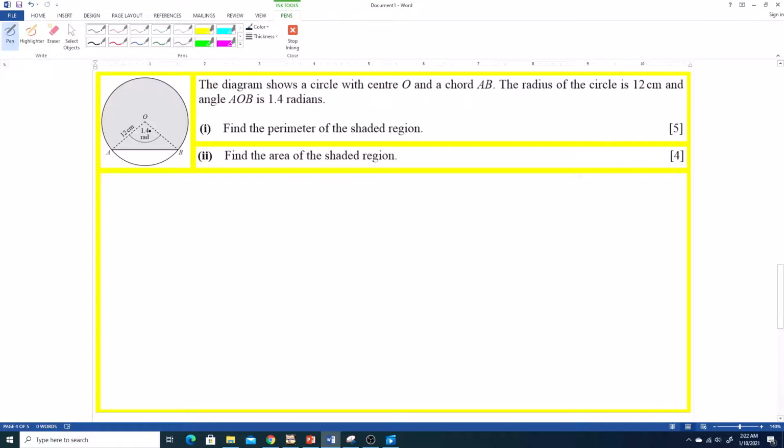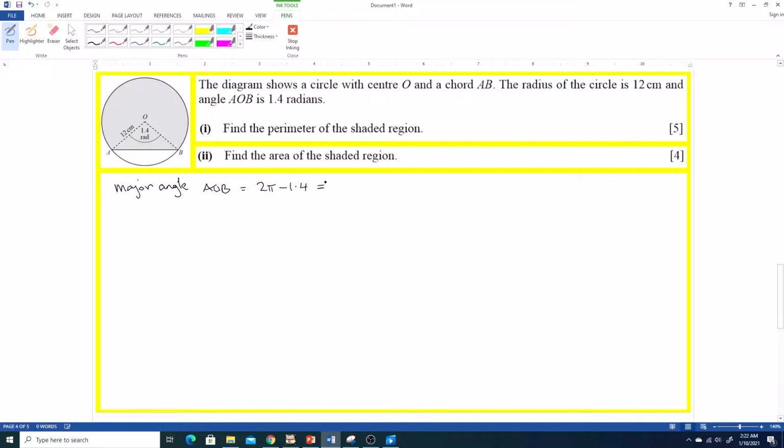To find that angle, it's pretty simple. You need to remember that angles at a point add up to 360, but in radians, because this question is given in radians, you need to do angles at a point add up to 2 pi. So to find our major angle AOB, it is going to be equal to 2 pi minus 1.4.